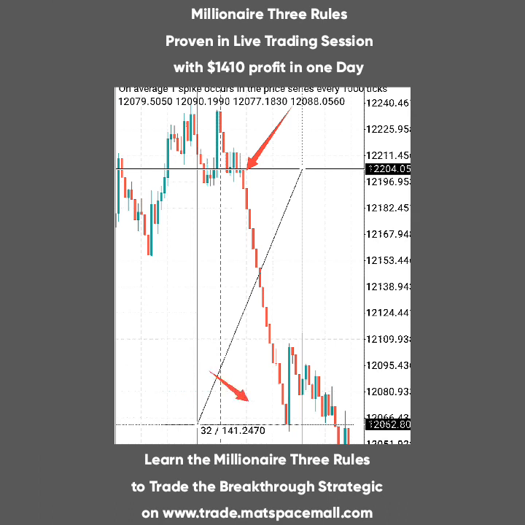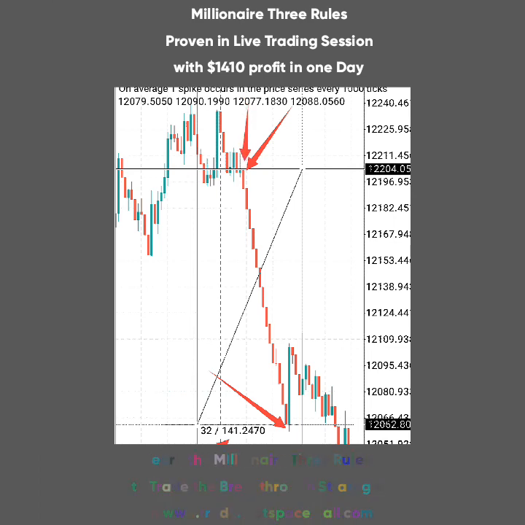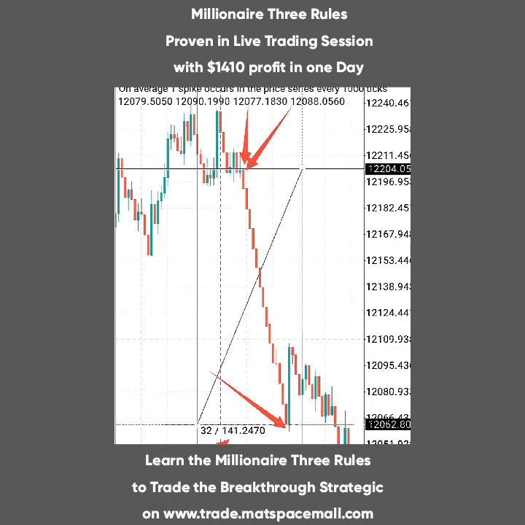Millionaire Tree rules, how much profit can you see there? 141 pips. This is $1,410 trading with 10 standard lots, or $141 trading with one standard lot. And all I had to do was to identify the rule that applies here.